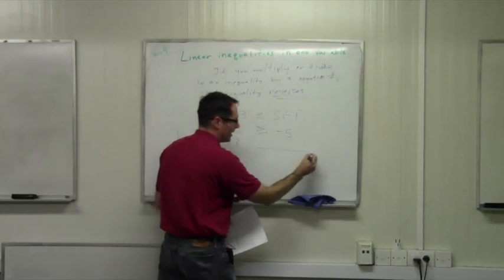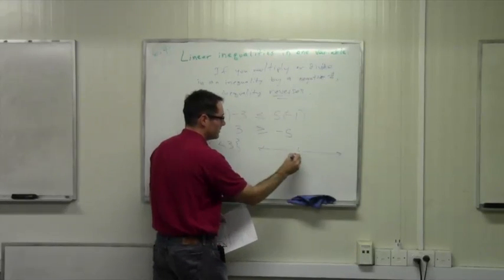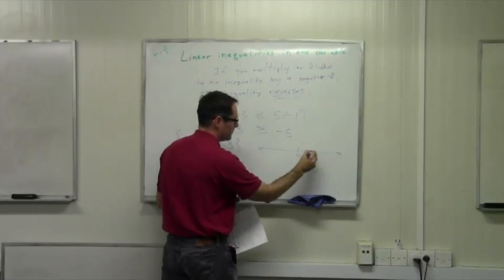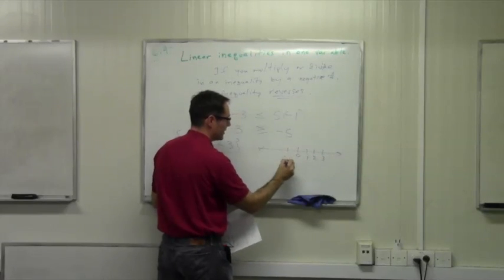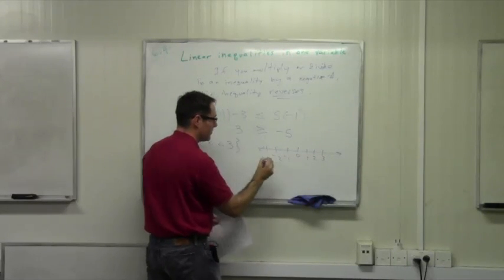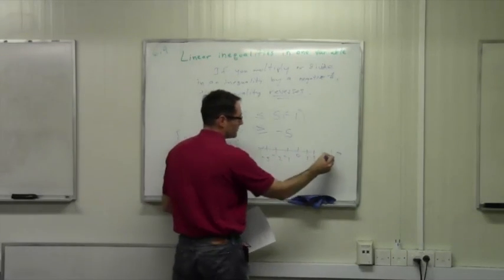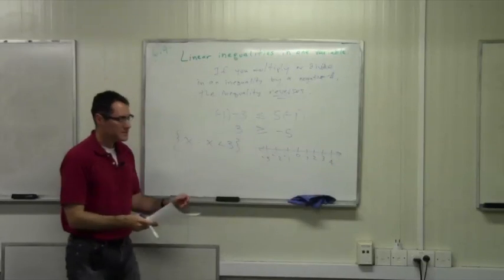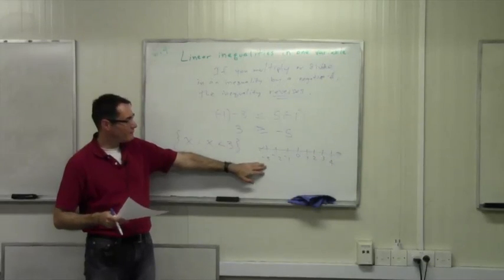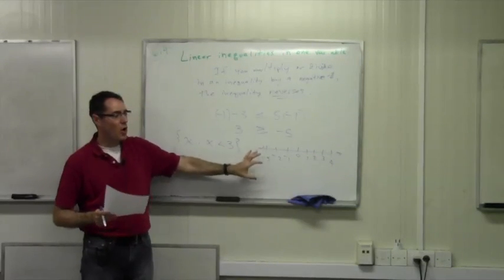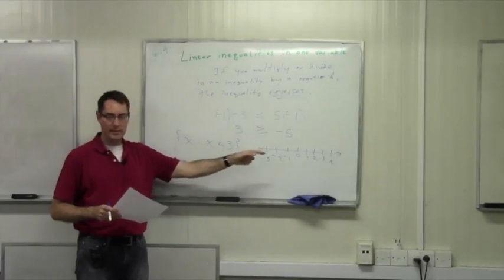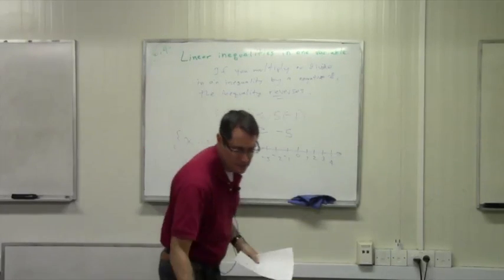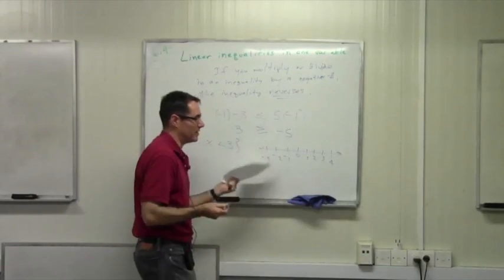On a number line, 0, 1, 2, 3, -1, -2, -3. I'll do 4 as well. What this is going to mean is we're going to have, on this number line, all numbers less than 3. I'll try to use a green pen here.